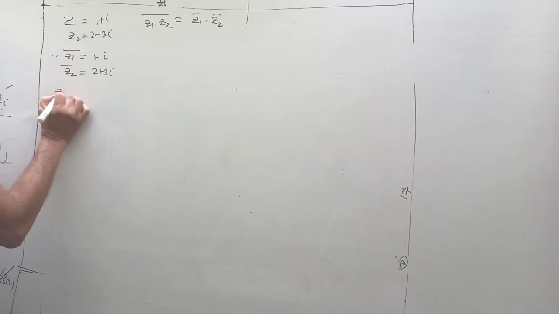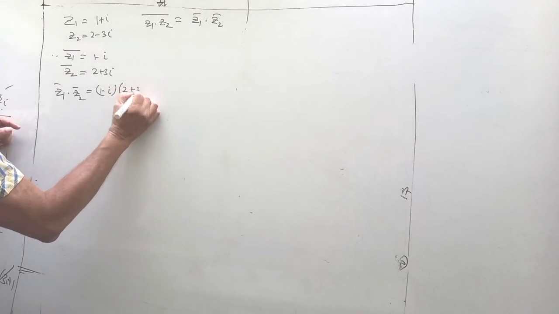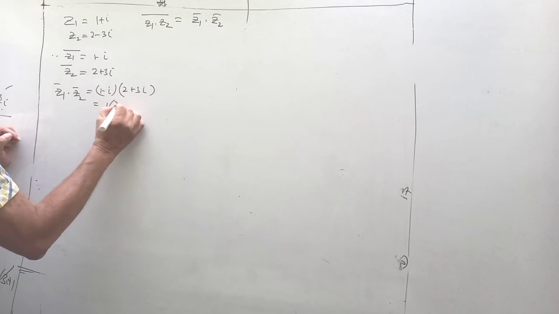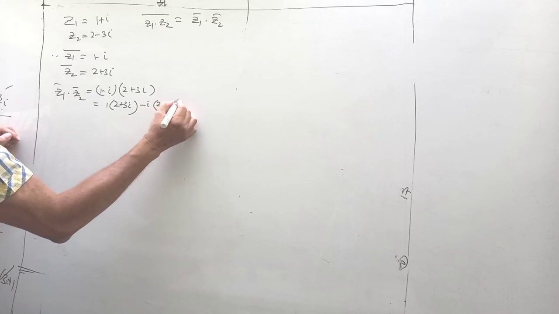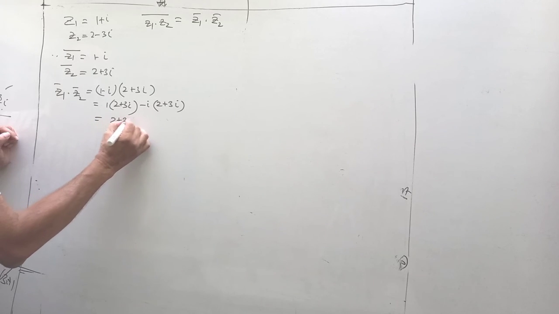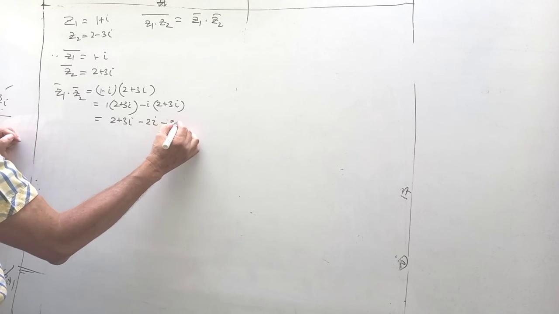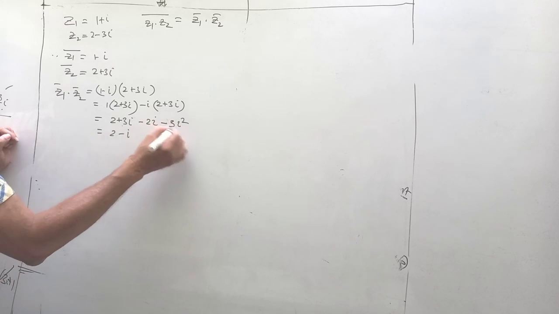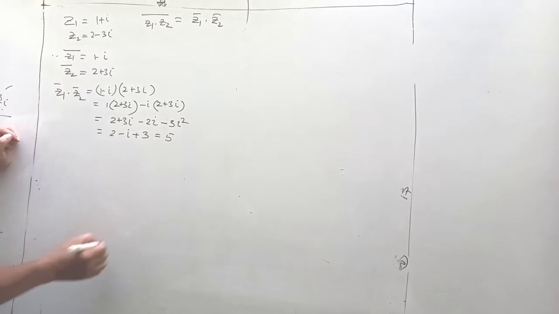Hence, you see z1 bar into z2 bar equal to 1 minus i into 2 plus 3i. Let us do the product: 1 into 2 plus 3i minus i into 2 plus 3i, equal to 2 plus 3i minus 2i minus 3i square, equal to 2 plus i plus 3, equal to 5 plus i.